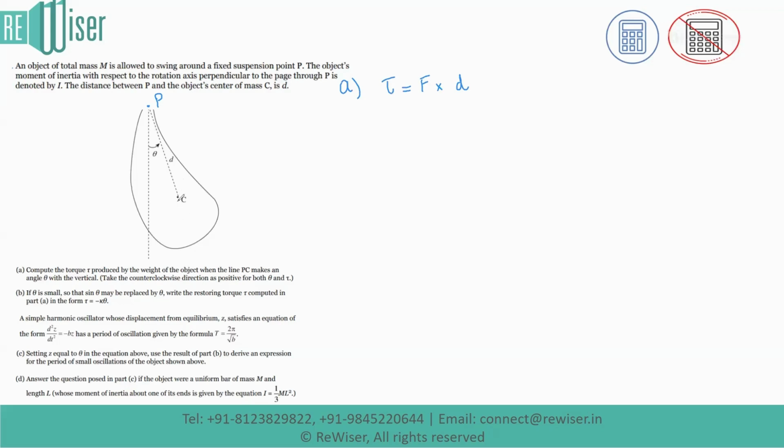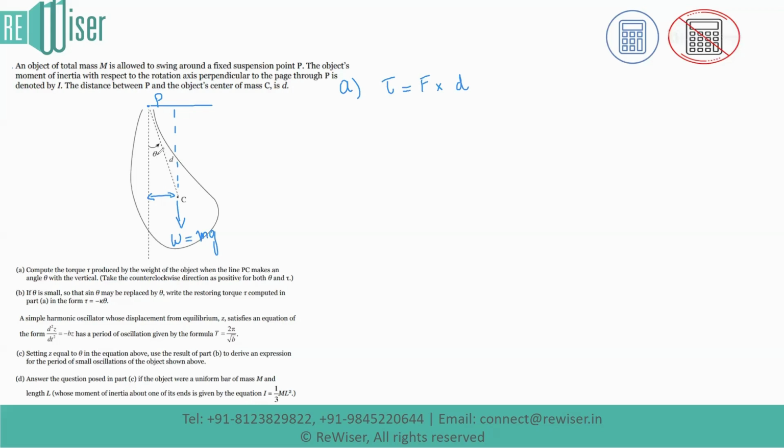Now, here the force acting is nothing but the weight W, which is given by mg. And if I were to draw a line like this, and an imaginary line here, I notice that the perpendicular distance between the point of application of the weight or the force and the axis of rotation can be found through basic trigonometry.